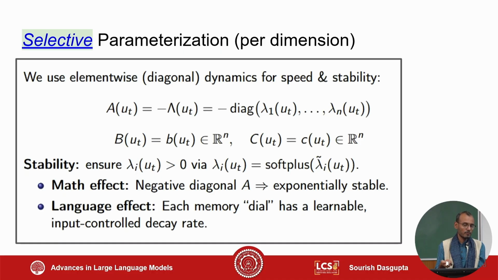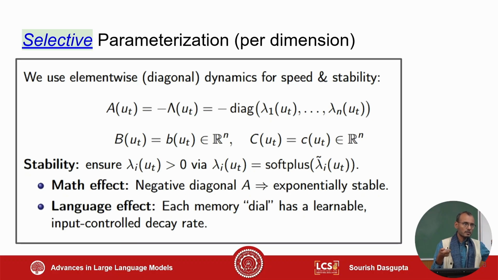Then AUT would be minus lambda UT. You actually use a minus. Why? Because now you are adding a UT, which usually could be plus also. So essentially you try to make sure that your diagonal lambdas are positive, so that ultimately your lambda becomes negative, less than 0. Otherwise it can explode.